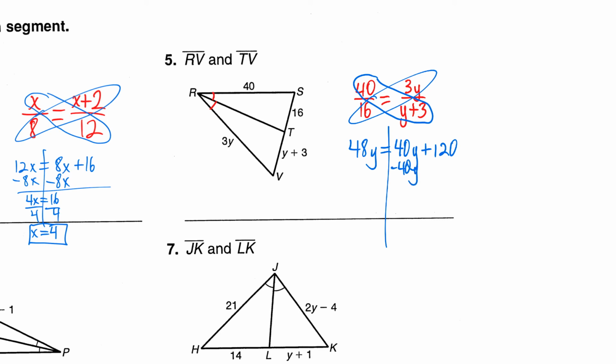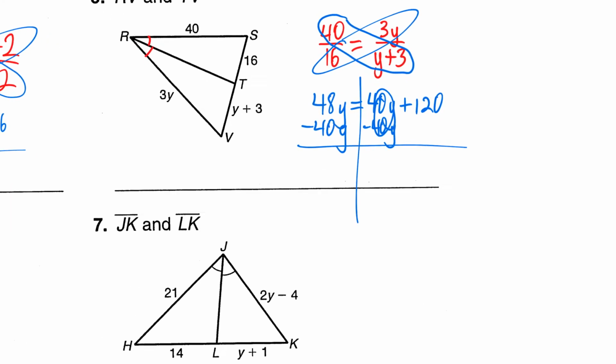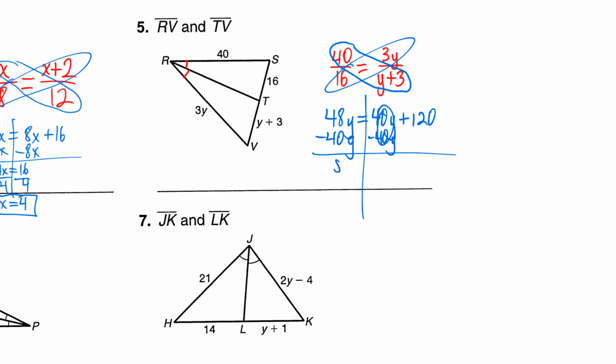All right. Take 40y away from both sides. That way this side, the y's zero out. On this side, I have 8y left equal to 120. Divide by 8. It equals what? Equals 15.